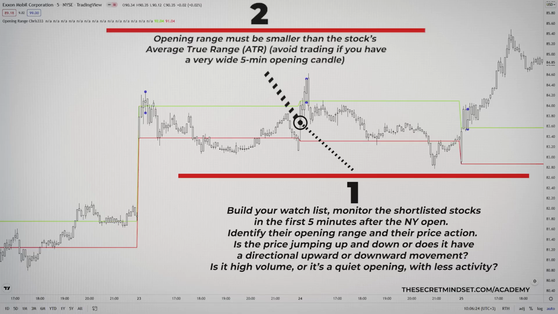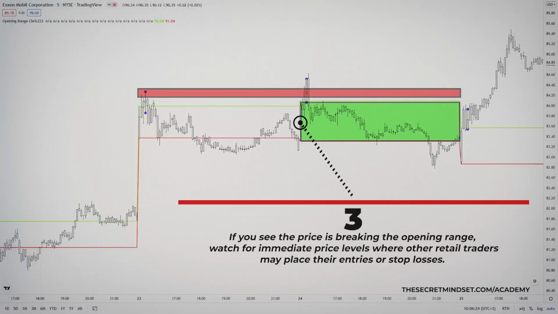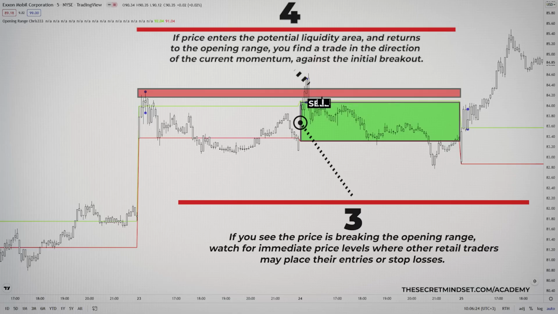The opening range must be significantly smaller than the stock's average true range. If you see the price is breaking the opening range, watch for immediate price levels where other retail traders may place their entries or stop losses. If price enters the potential liquidity area and returns to the opening range, you find the trade in the direction of the current momentum against the initial breakout.